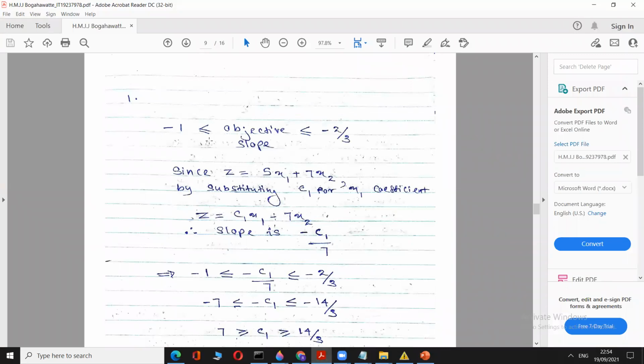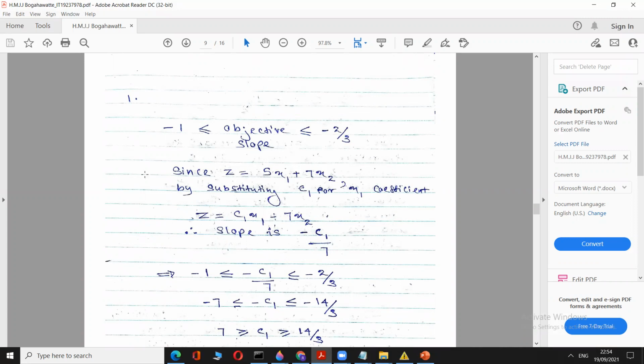Now according to our objective function, z equals 5x1 plus 7x2. If you convert this to y equals mx plus c, I said that x2 will be my y.